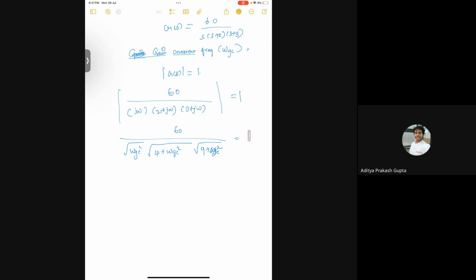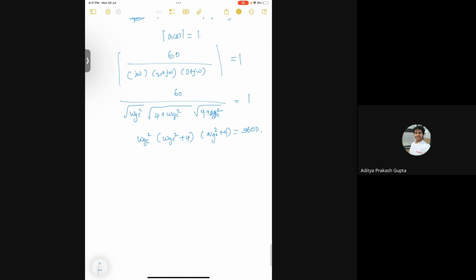Just squaring both sides and taking this to the other side, you will get omega GC square into omega GC square plus 4 into omega GC square plus 9 equal to 3600. If you take omega GC square equal to x, this will be x into x plus 4 into x plus 9 equal to 3600, that is x into x square plus 13x plus 36.